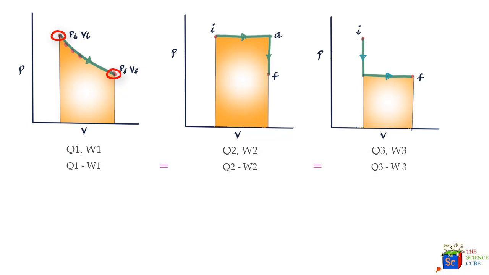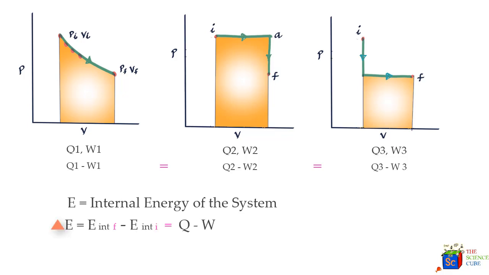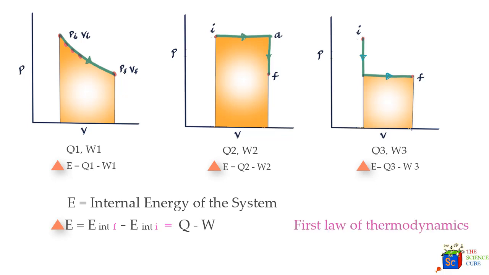So if the quantity Q minus W is always the same, irrespective of the path taken, it must be some intrinsic property of the system, or in simpler language, naturally belonging to the gas, and that is what we term the internal energy of the system, and we write the change in internal energy as E internal final minus E internal initial, or delta E is equal to Q minus W. And this is what we call the first law of thermodynamics.